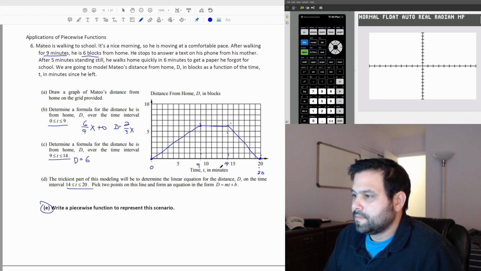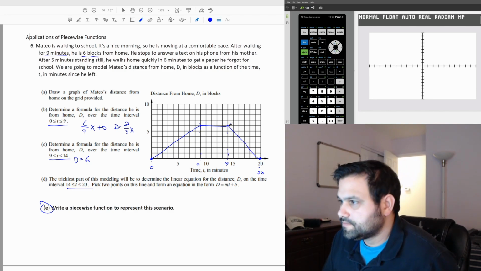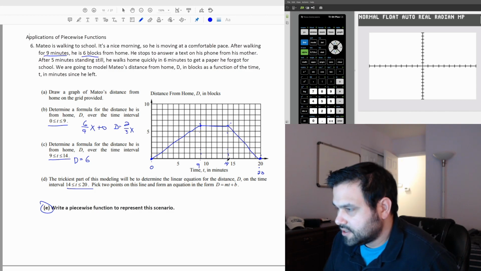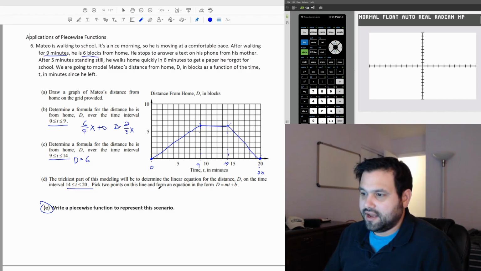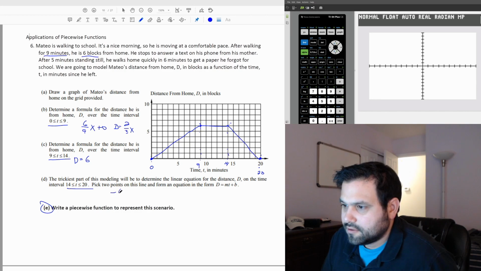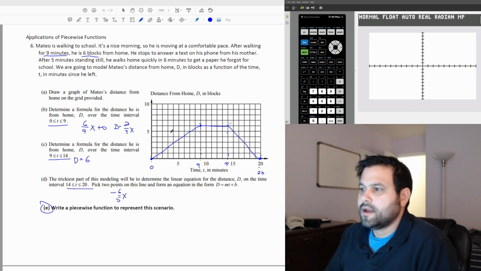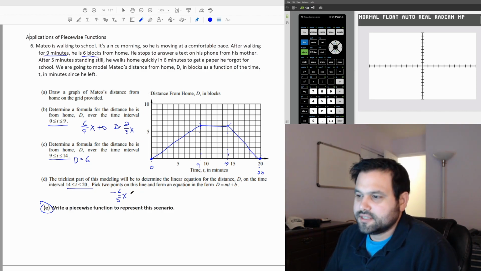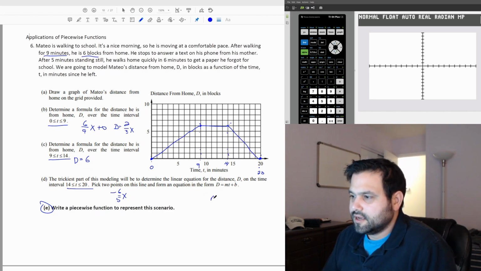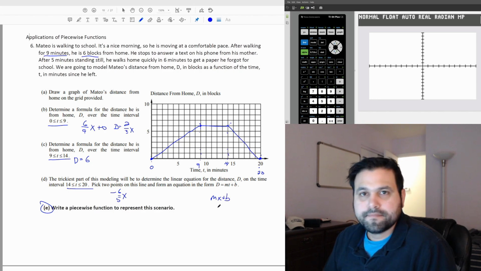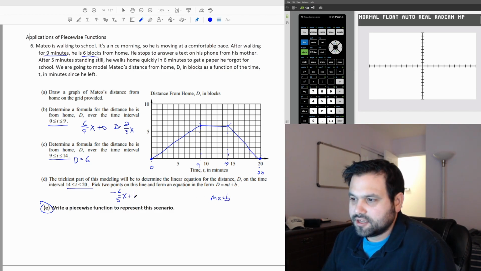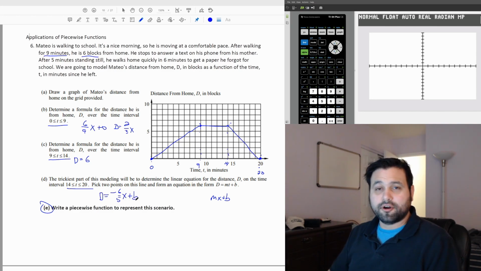So we can figure out the slope: we are going down 6 and right 5. There's the slope, but we don't know what the y-intercept is. So I'm going to put this in mx plus b form. And so I'm going to say plus b. Right? So there's kind of part of the rule.